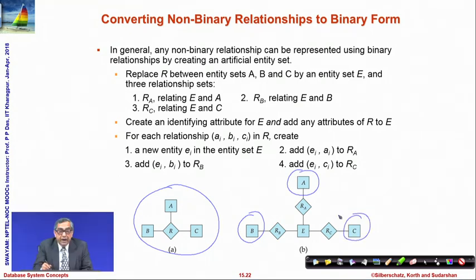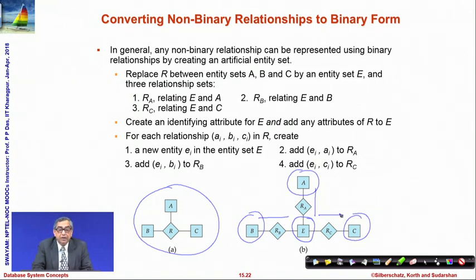To decompose it into binary relationships, we inject a new artificial entity set E, and then we define three different relations between them, which individually relate to the entity sets A, B and C.